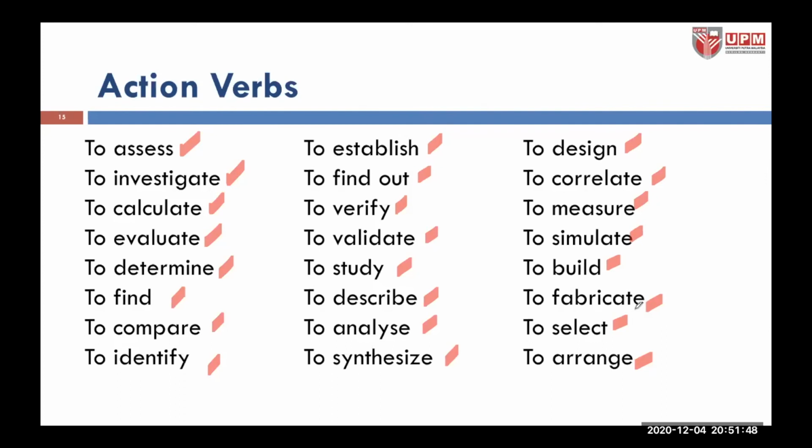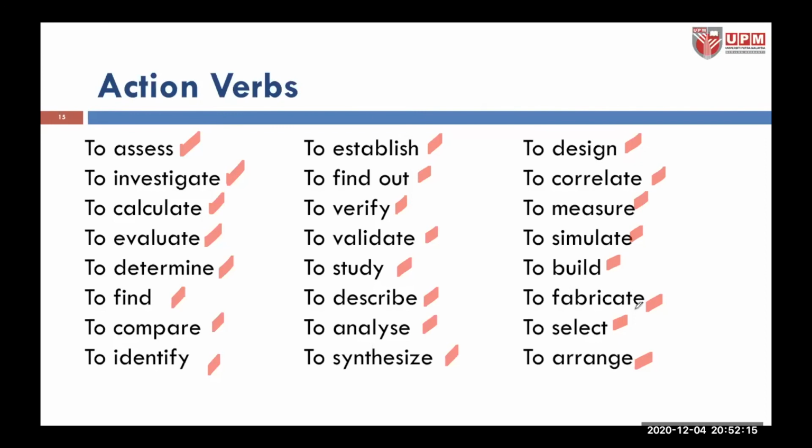But there are also things that you cannot put there. For example, in a research objective, you don't say that you want to run a simulation in a finite element analysis. That is the methodology. It's not an objective. There is a common mistake students normally make.